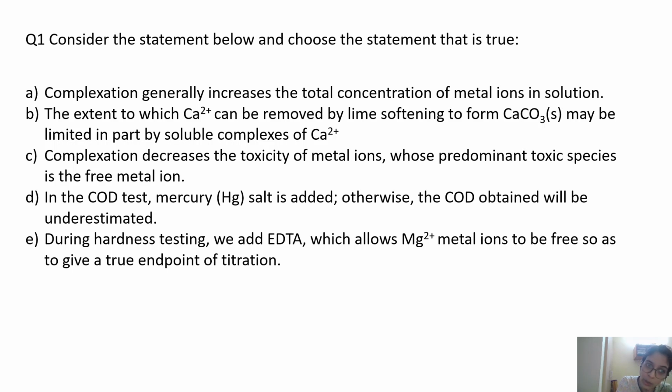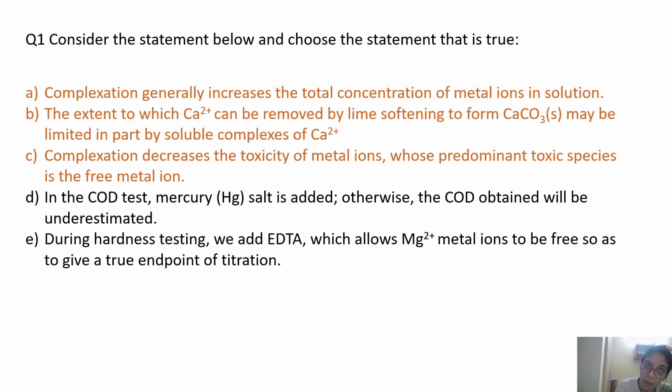Option A: during hardness testing we add EDTA, which allows magnesium metal ions to be free so as to give a true endpoint of titration. This is for the hardness test. So the correct option is A, B and C.